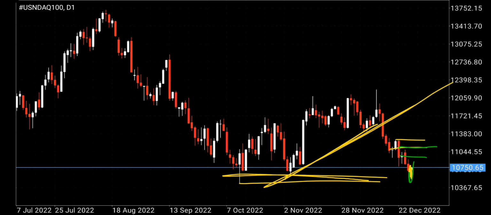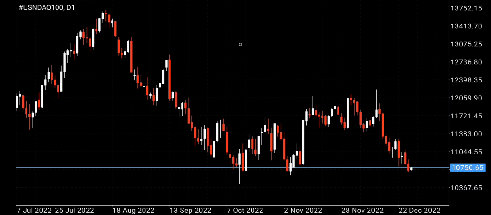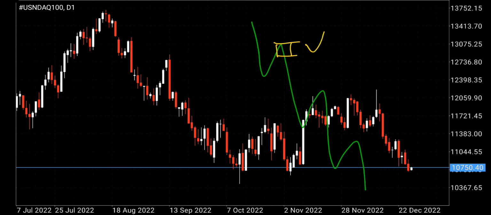Because remember, just because the price is bearish does not mean the price has to move like this. No, this is a safer trend. So your goal when the price is going to the downside is to target the pullbacks and try to catch it from there, because the goal is to sell high, buy low.